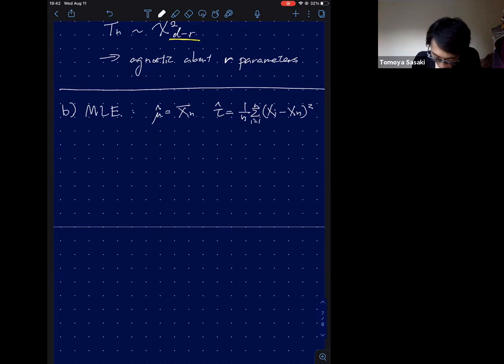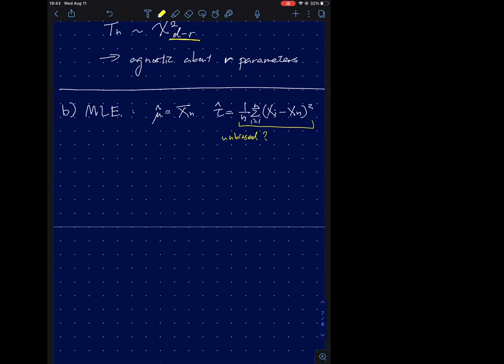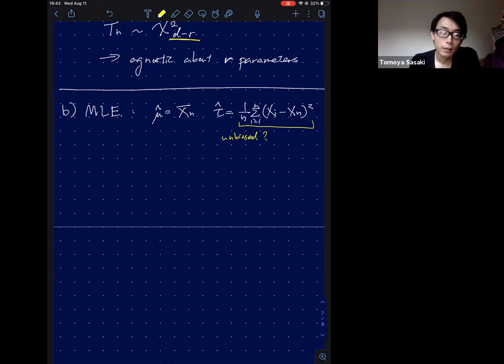One thing I want to ask: is this biased or unbiased? And asymptotically? I think it's biased. Yeah, it's biased. One thing you might want to remember is that the variance you get when computing the MLE could be biased.